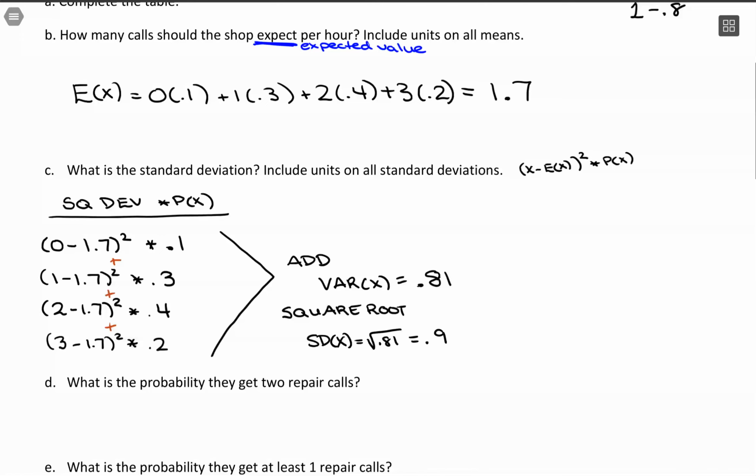So to make a sentence, we expect this value of 1.7, and on average that'll differ by 0.9.